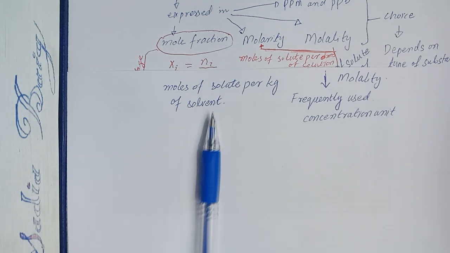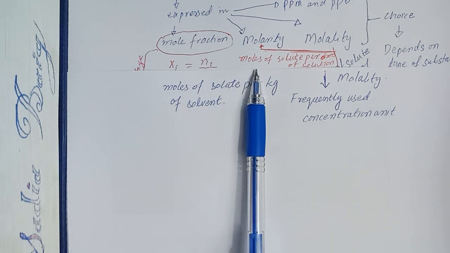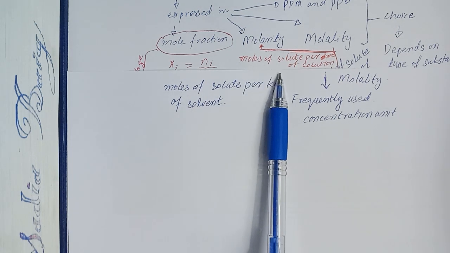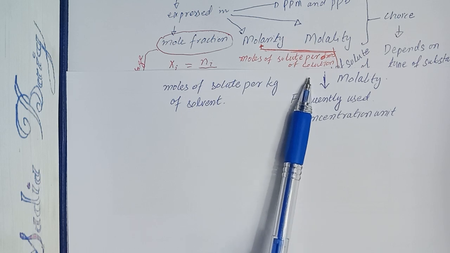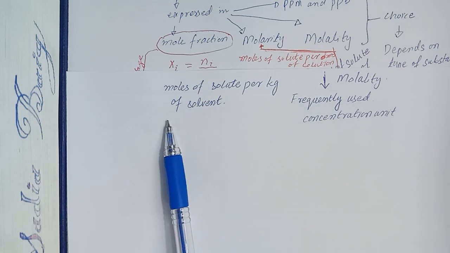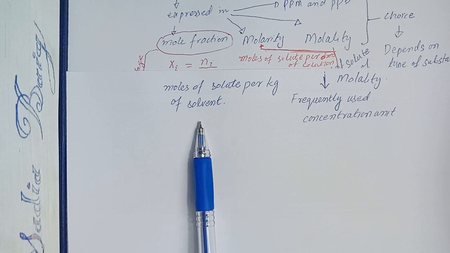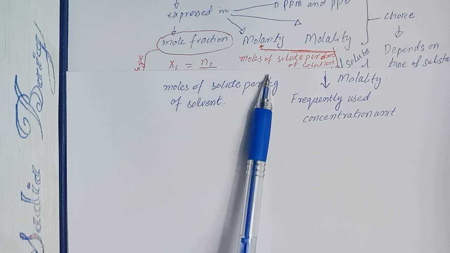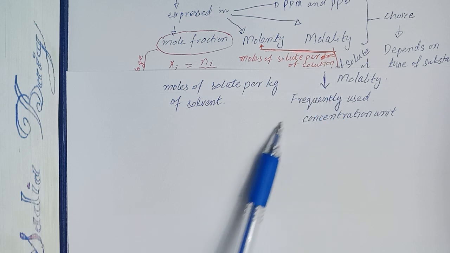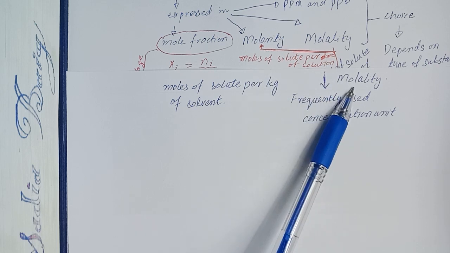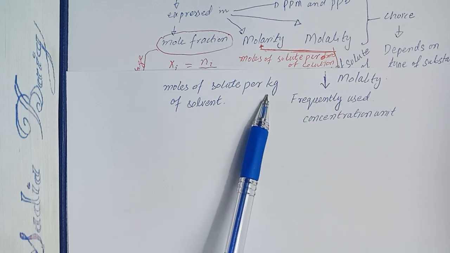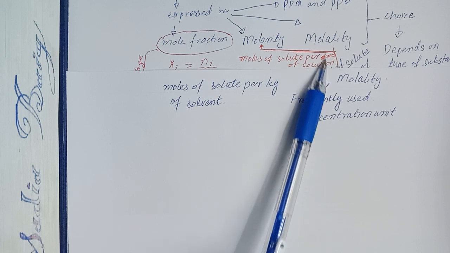Molarity is the description of moles of solute per decimeter cube of solution, whereas molality is moles of solute per kilogram of solvent. So molarity and molality are similar, but in molality we usually take the weight of solvent, whereas in molarity we measure the volume of solution.